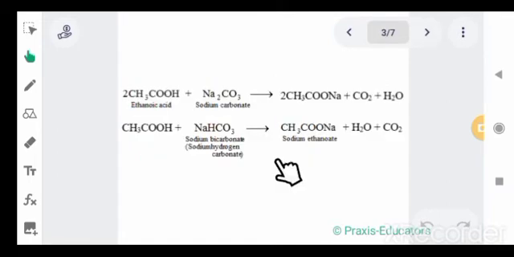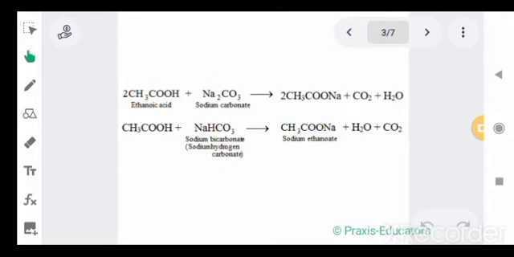Now the next reaction we're going to look at is ethanoic acid reacting with sodium trioxocarbonate(IV), or hydrogen trioxocarbonate(IV) in the second reaction. Recall that an inorganic acid reacts with trioxocarbonate(IV) to liberate carbon(IV) oxide gas.